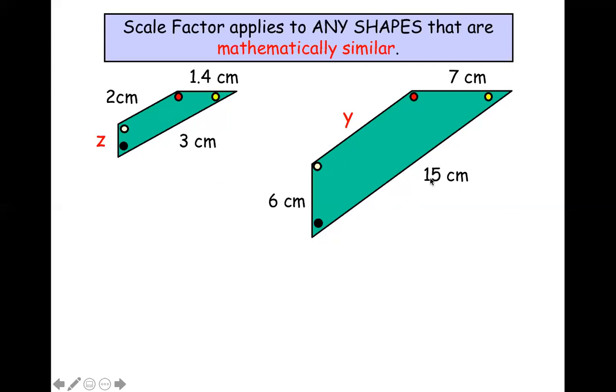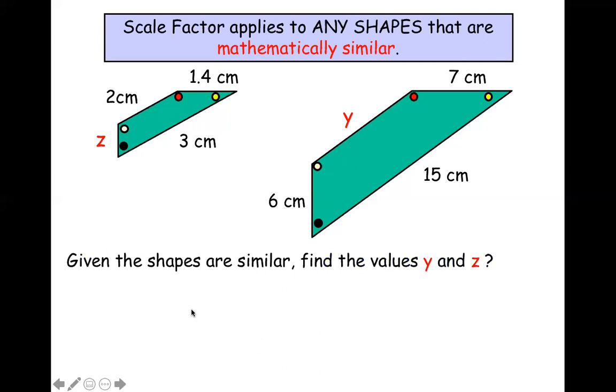So I went from 3 to 15 by a factor of times by what? 5. Times by 5, so I get 15. With the 1.4 here, I can quickly check that the scale factor is the same. 5 times 1.4: 5 times 4 is 20, so 0 remainder 2. Then 5 times 1 plus 2 is 7. So that works okay. So I can see that my enlargement scale factor, which we call ESF, is 5.